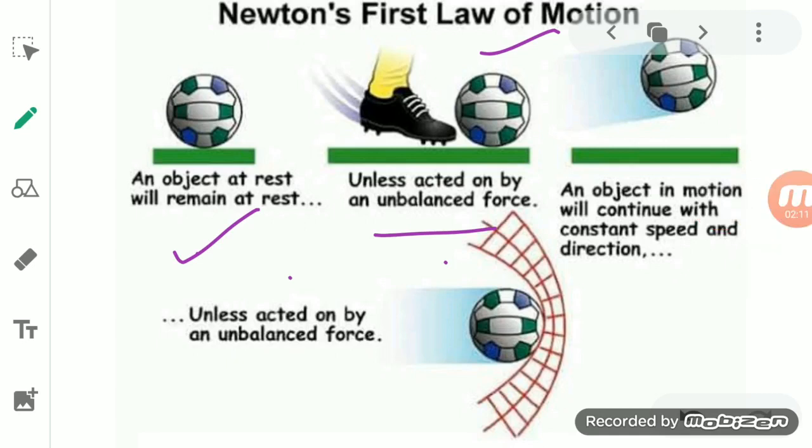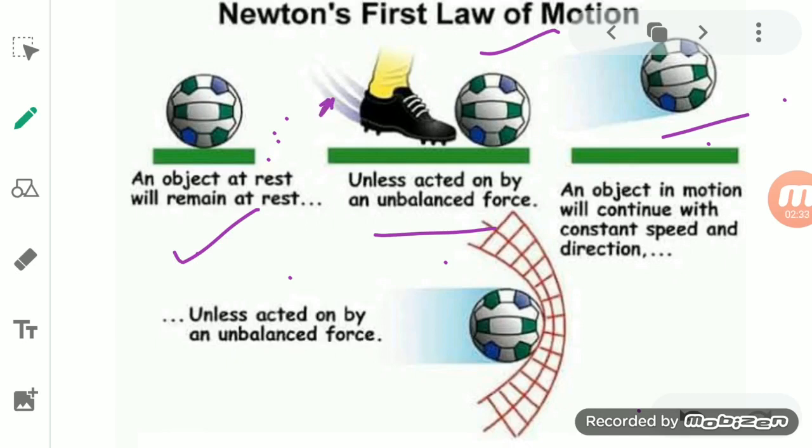So you can see here, this is an object, this is a ball. It is at a rest position, so it will remain at rest. This object is in motion, so it will continue with constant speed and direction, unless we apply an external force.